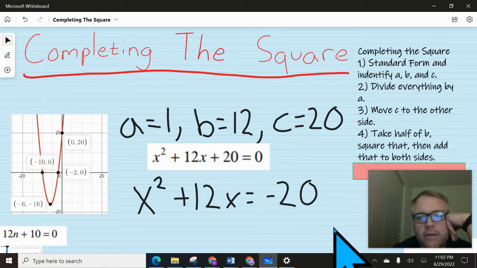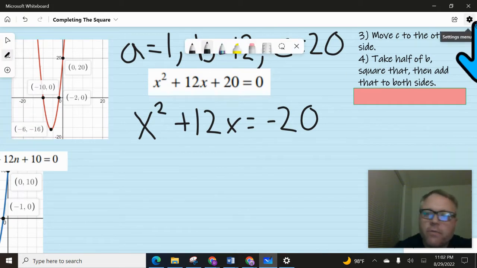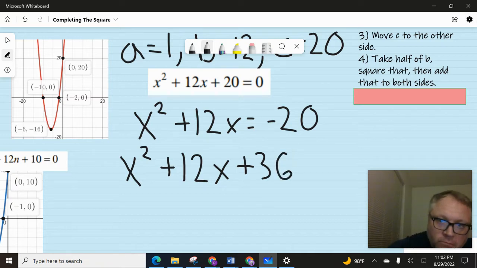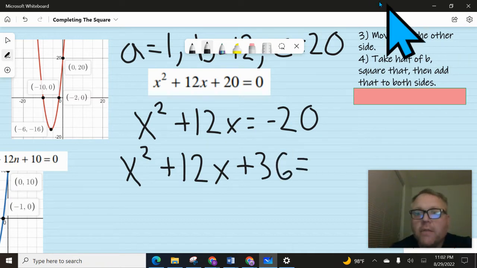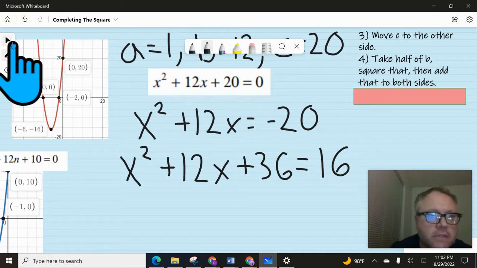So we're going to add 36 to both sides of our equation. Not 36x, just 36. So x squared plus 12x plus 36 equals, and then negative 20 plus 36 gives us a positive 16. Okay, so step 4 is done.